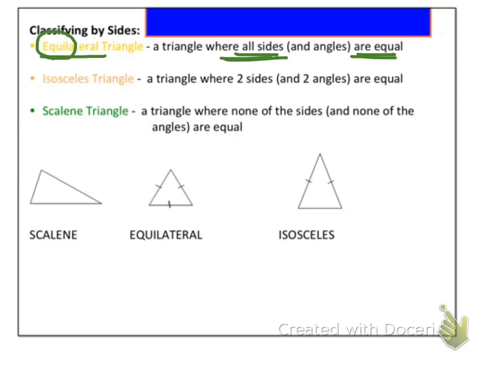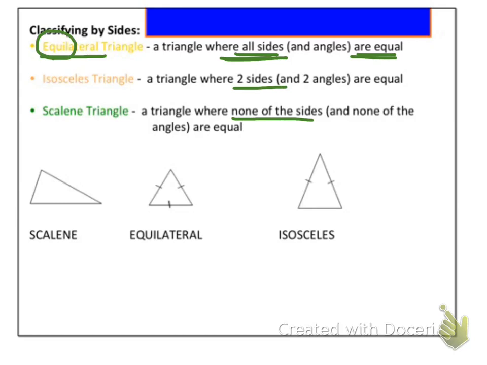Next, an isosceles triangle is where 2 sides and 2 angles are equal. Okay, so this one's just 2. A scalene triangle is where none of the sides and none of the angles are equal.